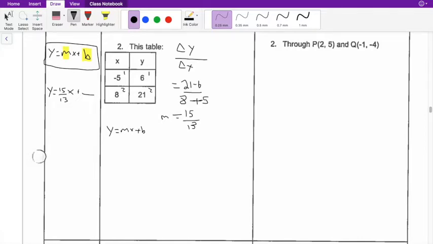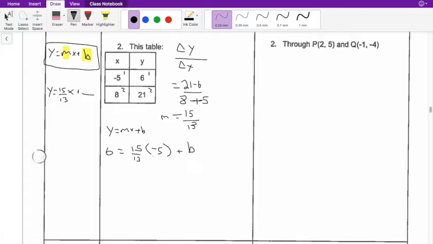We're going to plug in everything we know, and I'm going to use this point here as my point. So y we know is 6. That's not a b, it's a 6. m is 15 over 13. And our x here, we're going to take as negative 5. Plus, the only thing we don't know is b.